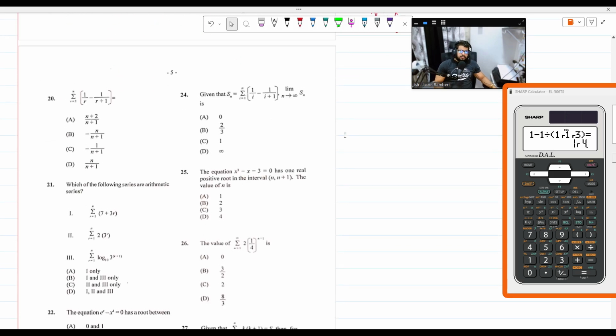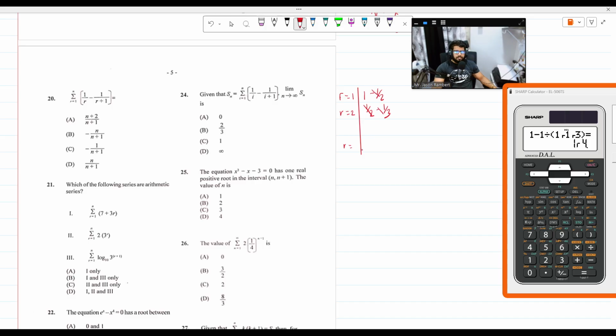Number 20, this is a method of differences, and I believe this is a repeat question. So when r is 1, we're going to get 1 take away a half. Then when r is 2, we're going to get a half take away a third, and so on. The first term will survive and the last term will survive.